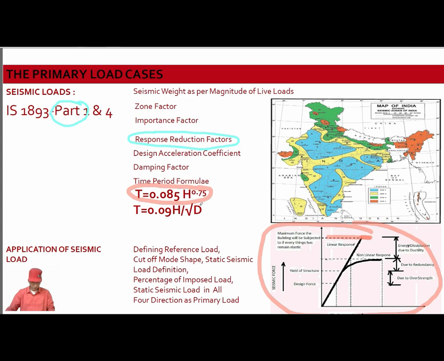Now for our structure we have both. In the x direction we have a moment resisting frame, in the z direction we have a concentric braced frame. So in the x direction we should consider this formula, and in the z direction we should consider this formula.